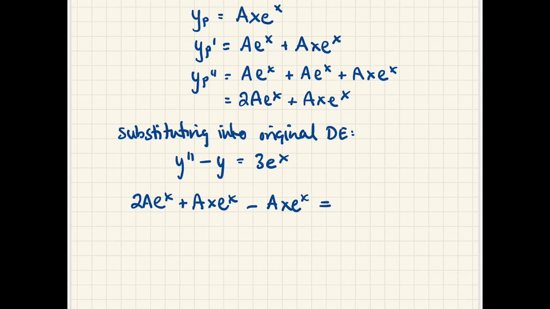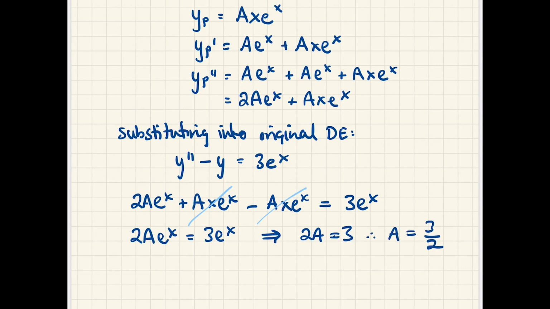That's all going to equal 3e to the x. Well, this is really nice because those terms completely cancel out. So we're going to get 2a e to the x is equal to 3e to the x. This tells us that 2a is equal to 3, and therefore a is equal to 3/2.